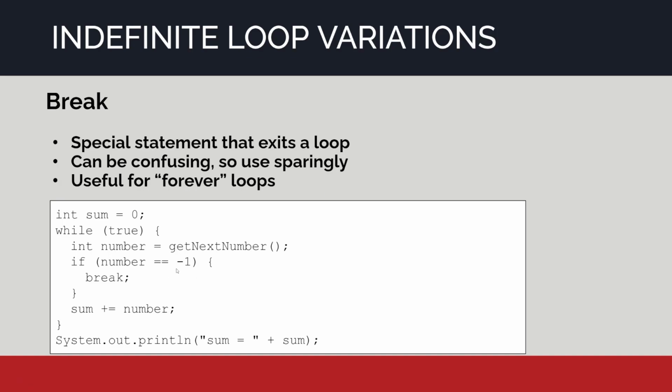Remember earlier where we said sentinel, -1, would signify the end of input. So imagine that's the same situation here. Eventually we know we're going to hit -1 because we're going to reach the end of our input. So we do know this code will exit the loop, even though it looks funny at the first line. But it can be a little confusing, so I would not recommend using break that often.